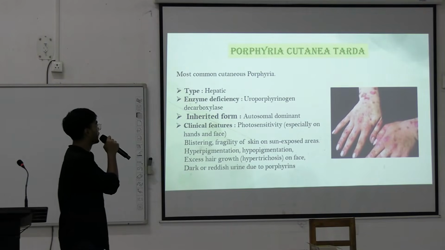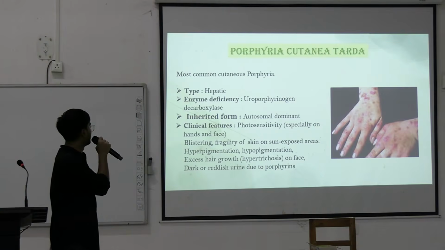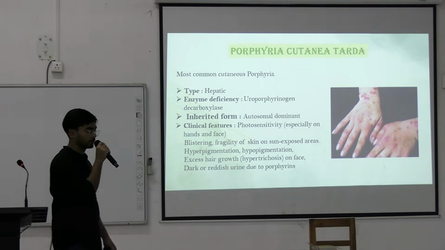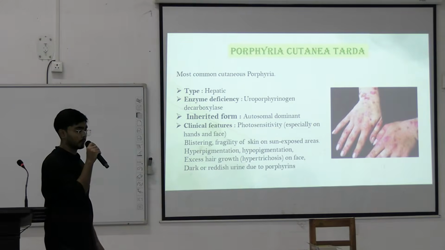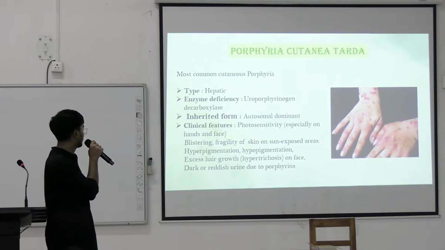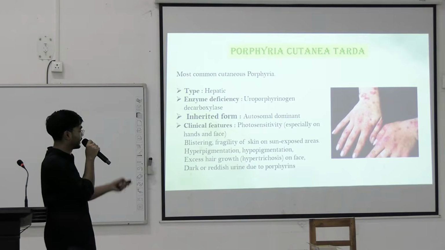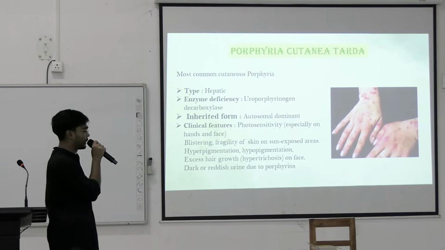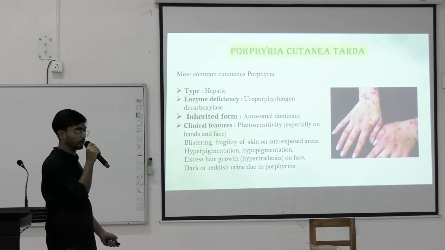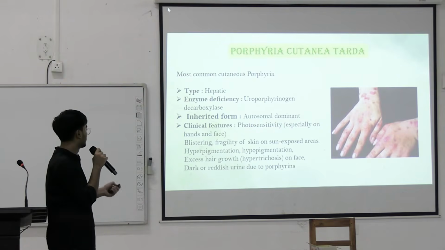So next is porphyria cutanea tarda. This is the most common cutaneous porphyria, type hepatic, enzyme deficiency uroporphyrinogen decarboxylase, inherited form autosomal dominant. Clinical features: photosensitivity, especially on hands and face, blistering, fragility of skin on sun-exposed areas as we can see in this picture, hyperpigmentation, hypertrichosis, which is excess hair growth on the face, and dark or reddish colored urine due to porphyrins.